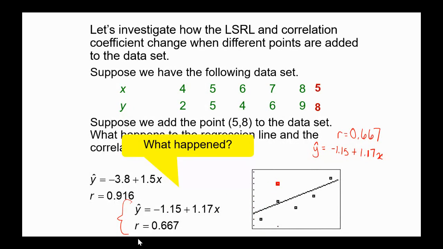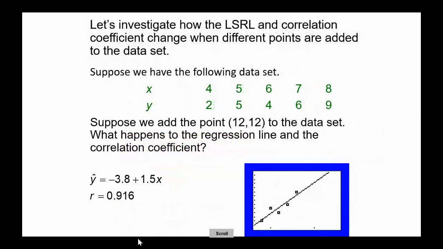Shatara, R is 0.959, and the equation is negative 2.24 plus 1.22x. Okay, that's right.